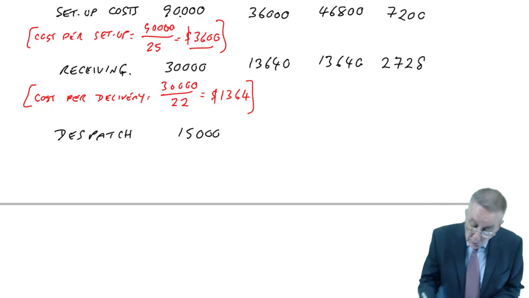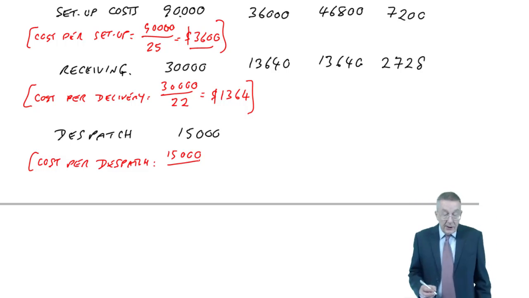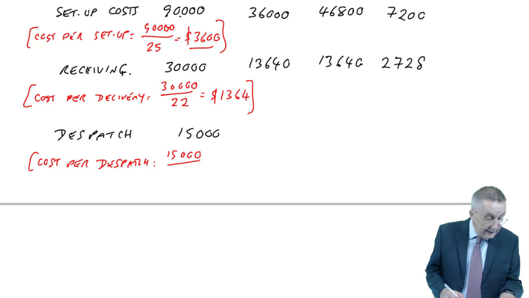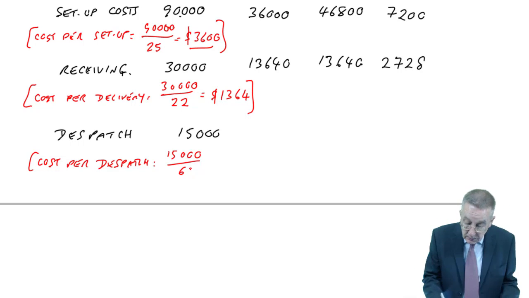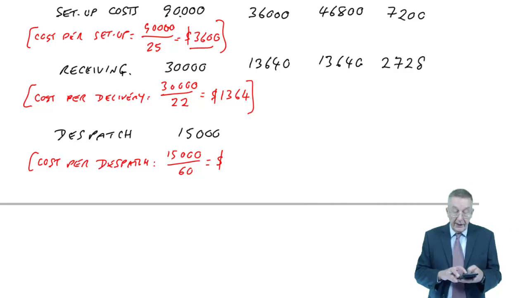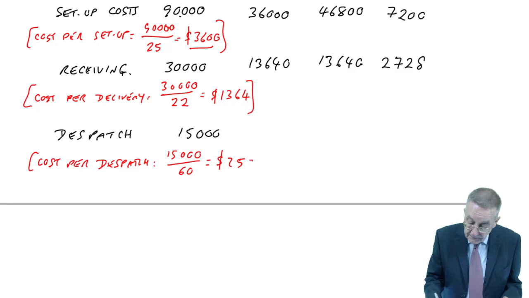And so the obvious way to absorb is cost per dispatch. In total, 15,000. How many dispatches in total? 20, 20, 20, 60. And so the cost per dispatch, 15,000 over 60, is 250.